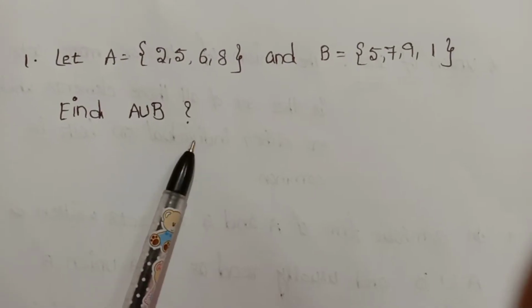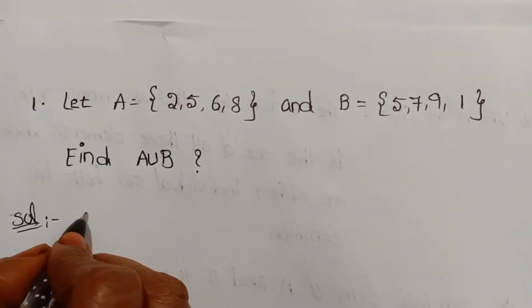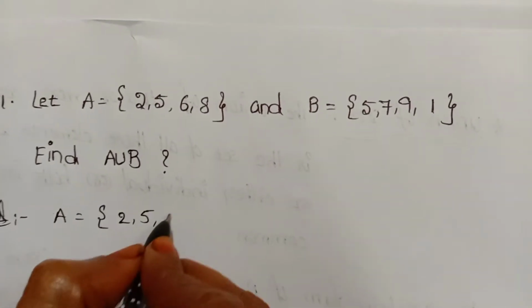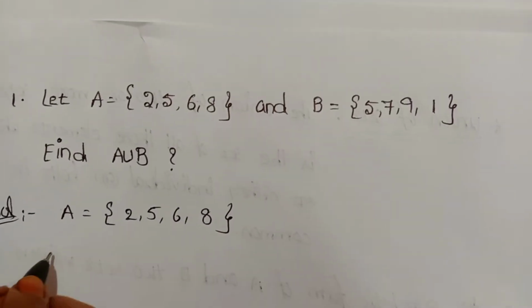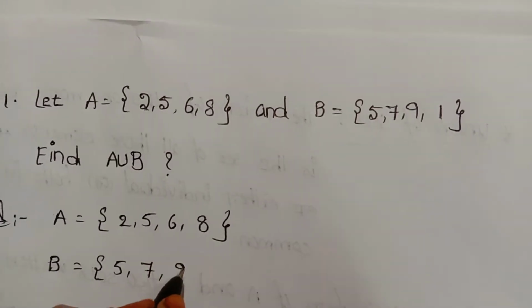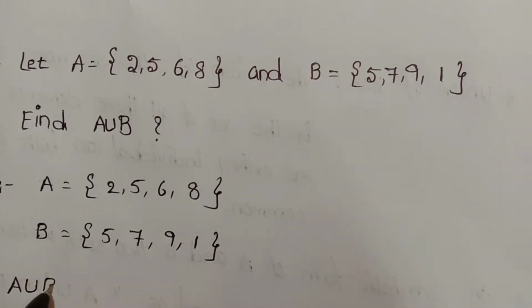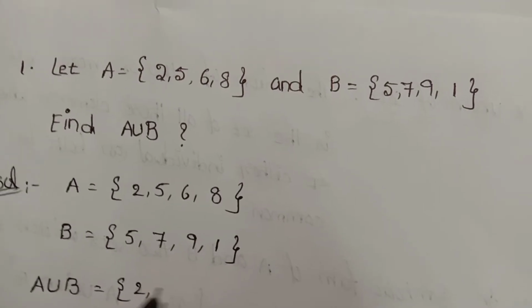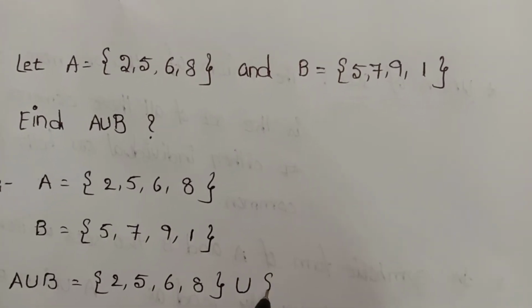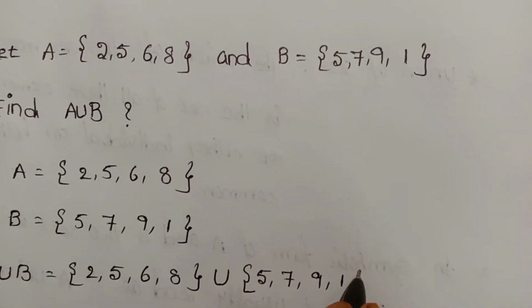Find A union B. A union B is equal to {2, 5, 6, 8} union {5, 7, 9, 1}.